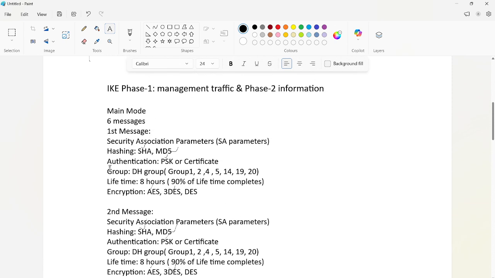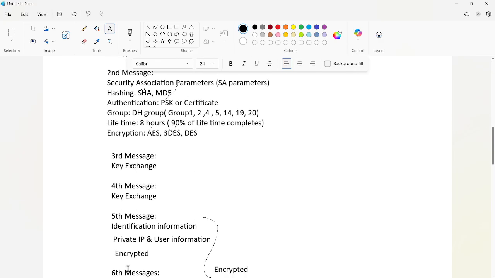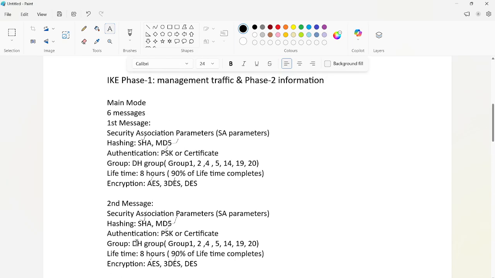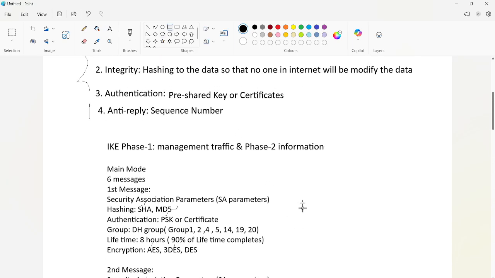I told you I would discuss the lifetime, right? Why we are using a lifetime: once these six messages are completed and negotiated, I will take one more diagram here. Once the six messages are completed, we are going to build a phase one tunnel.